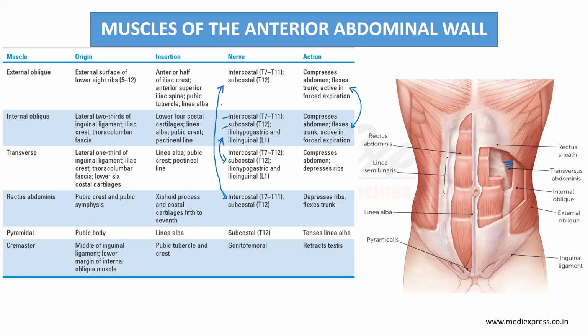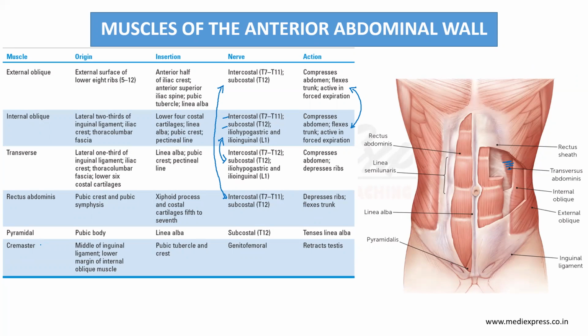So, talking about rectus abdominis. Okay, I have already mentioned they have the same nerve innervation as that of the external oblique, and the function is depressing the ribs and flexing the trunk. It depresses the ribs and flexes the trunk. So this is the action of rectus abdominis.